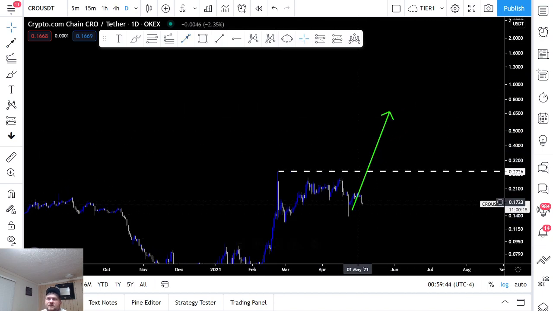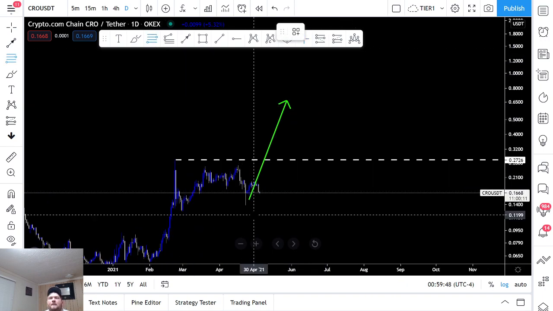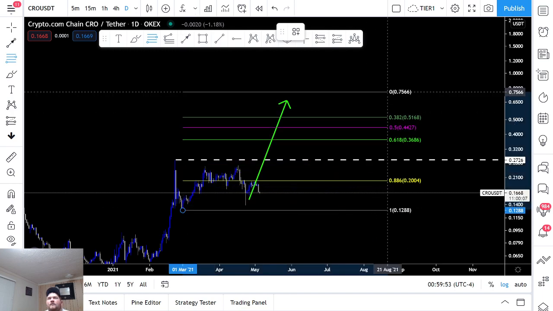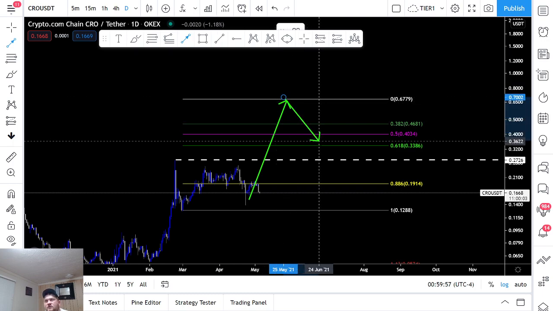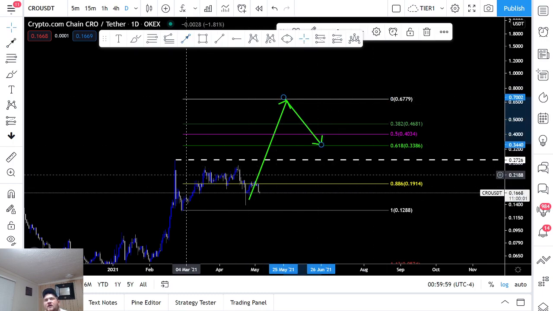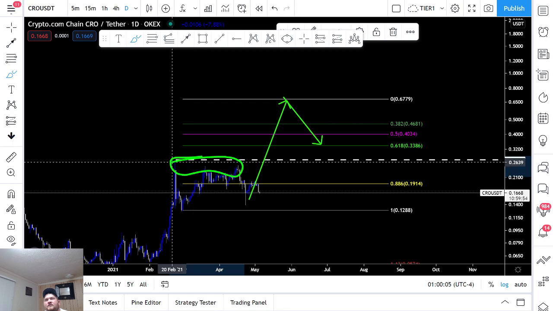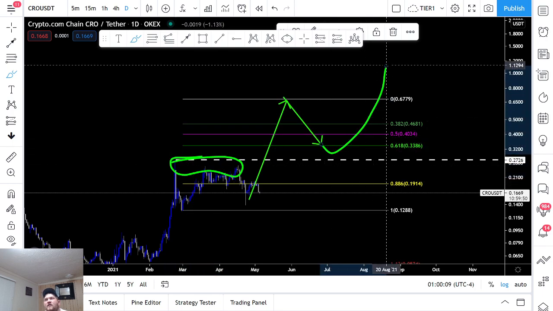But if we were to push up right here, we could say this is our higher low. If price pulls back to 33 cents on top of previous resistance, it could become support over here.